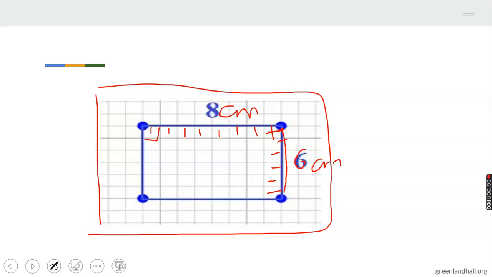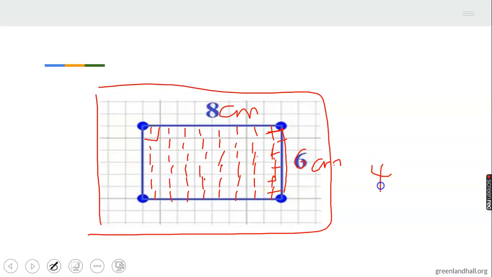Now, if you multiply 6 times it, you are going to get the total, or you can even count. We can count everything. We've counted 8 here. 8, 9, 10, 11, 12, ... 46, 47, 48.